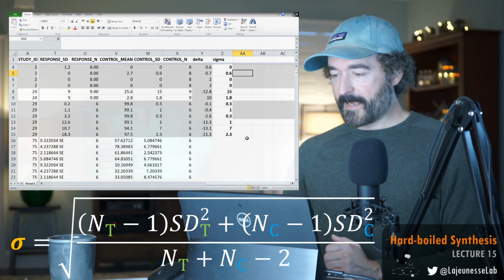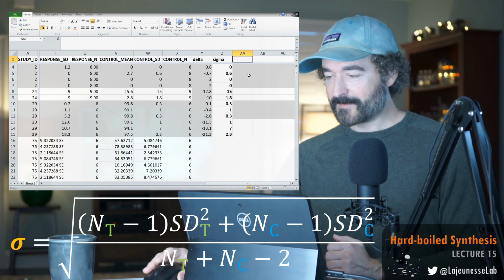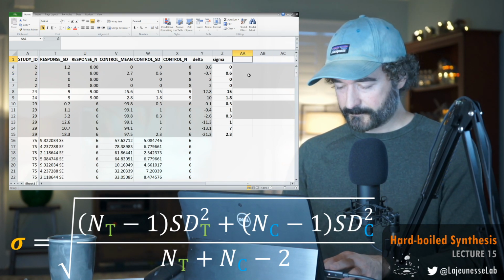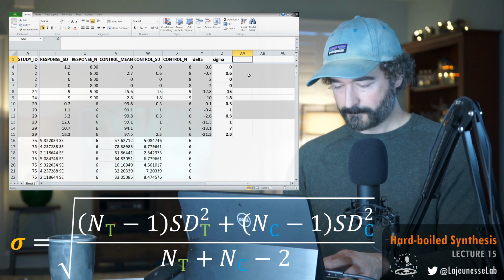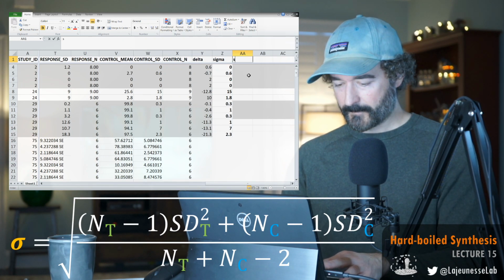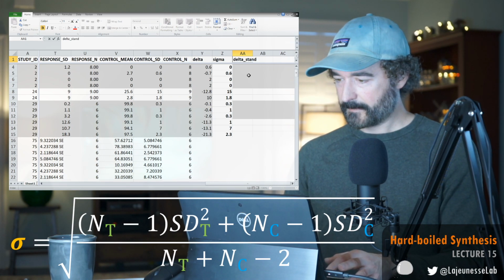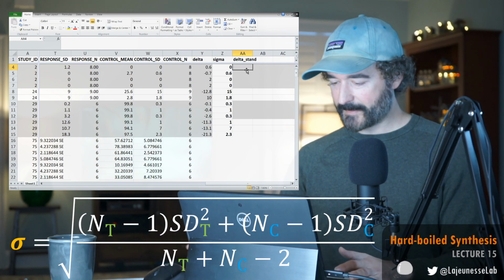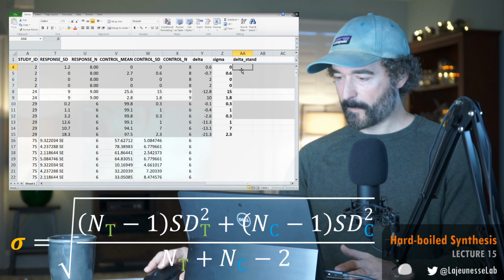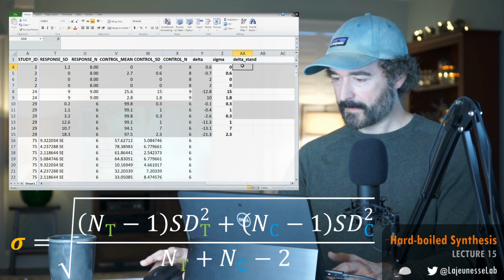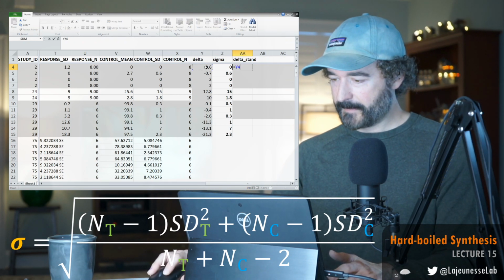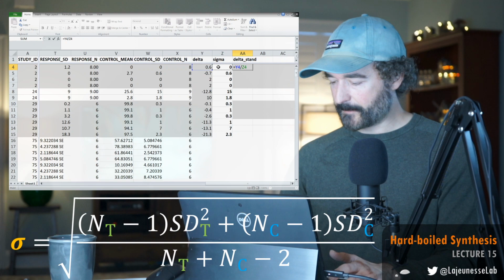Okay, so now we want to standardize the delta. Delta stands for delta standardized, and it's basically just delta divided by sigma.